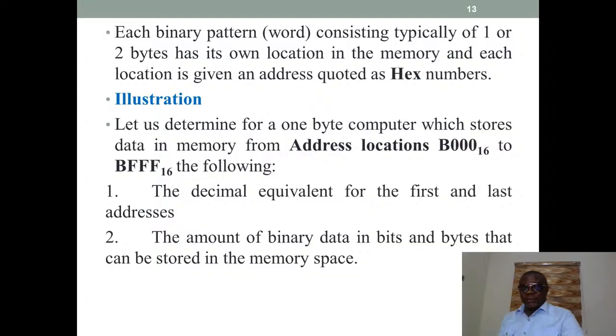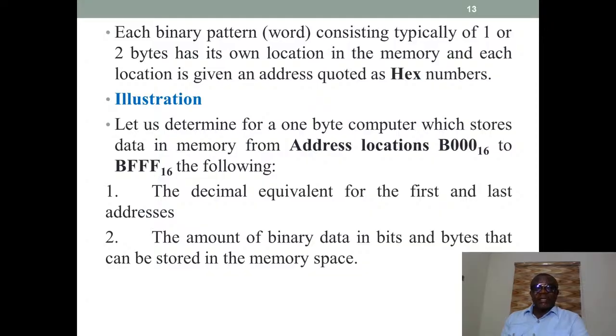Hex, we have said, is base 16. So please cool down and follow me in this illustration so that you get it well. We say, let us determine for a 1-byte computer which stores data in memory from address locations B000 base 16 to BFFF in base 16, the following.